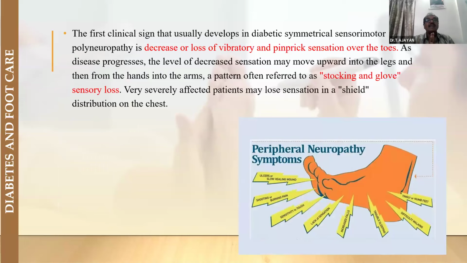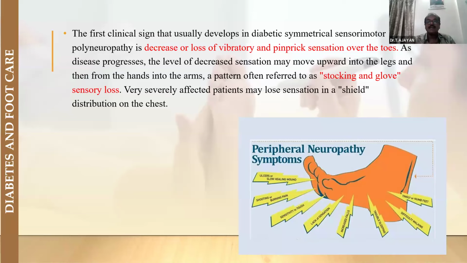The first clinical sign that usually develops in diabetic symmetrical sensorimotor polyneuropathy is decrease or loss of vibratory and pinprick sensation over the toe. This is the first level of presentation in relationship with peripheral neuropathy. Therefore, the monofilament test, a bedside test, is very useful to work out the sensation and vibration defect.